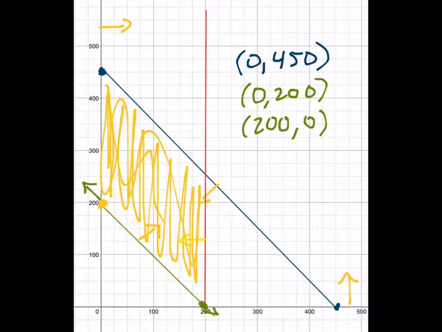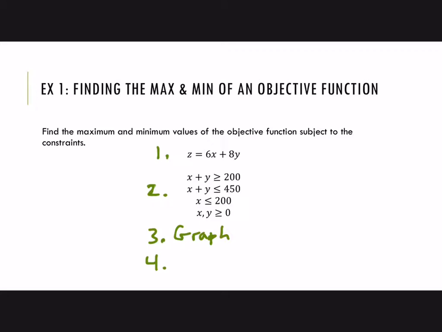And then the other corner of the shaded part is this intersection of the red and blue lines. So the nice thing is that one of those lines is vertical. I know for sure that the x-coordinate is 200. So what I need to do then is figure out, if x is 200, what the y value is on that other blue line. So the blue line was this one.